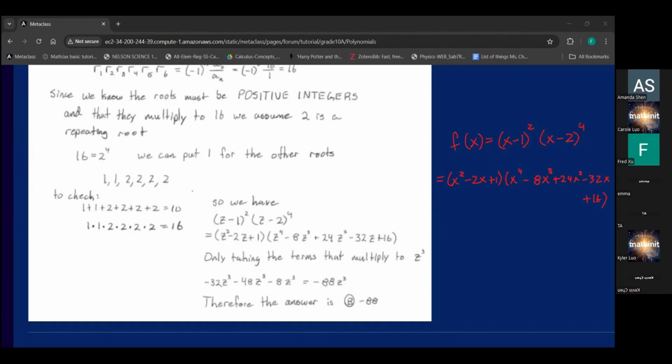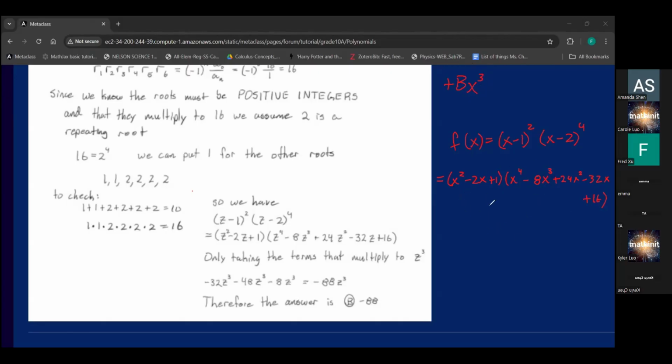Remember the term b, it was b times x cubed. So from this we only want what will multiply to x cubed.